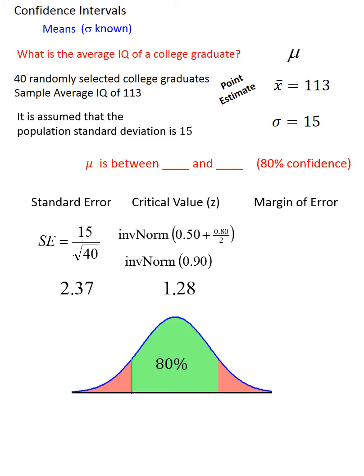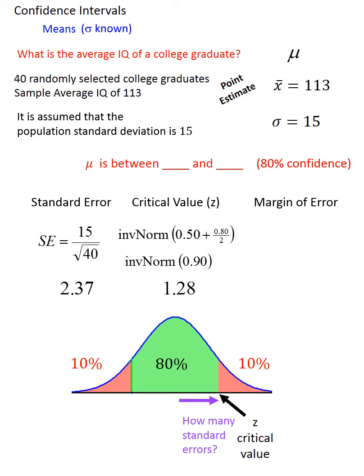An 80% confidence interval means that I'm designing a process which will capture the correct population average 80% of the time and be wrong the other 20% of the time. Well, in order to do that, I need to know how many standard errors away 80% is in the center of a bell curve. But to know this is the same as to say I need the z-score or the z-critical value here. You'll recall that z is the number of standard deviations or standard errors away from the center.